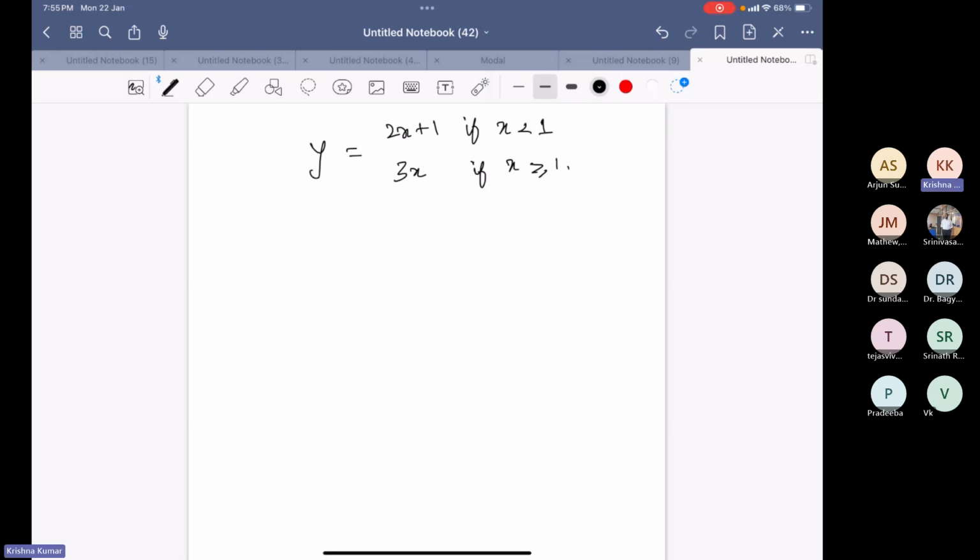So, depending upon the kind of domain, I can change the definition and define a function like this. That can be a piecewise function. It can be a different function based on the domain. So it's a piecewise function. One piece is this, other piece.